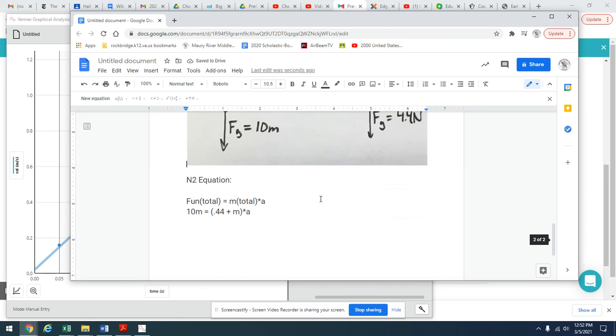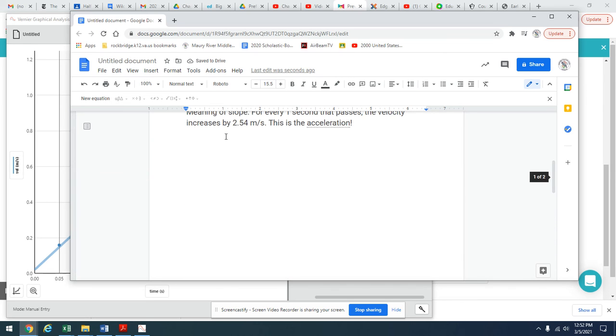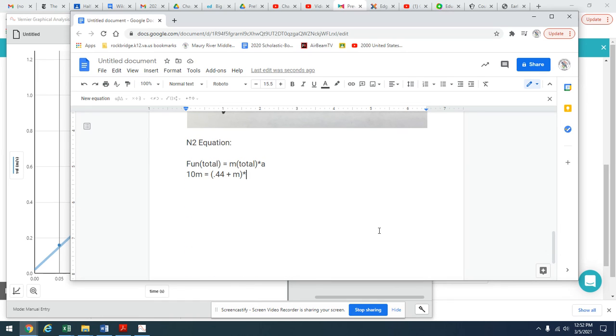Here they are. And there's my Newton's second law equation. So now I can, in this equation, I've got my 2.54. So I've got a number here now, 2.54. All right. We'll do some algebra now on the computer. So there's my 10m is equal to, now I need to distribute the 2.54 in here.